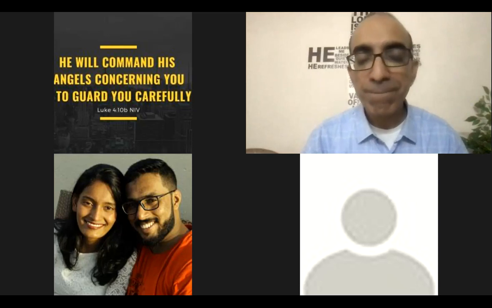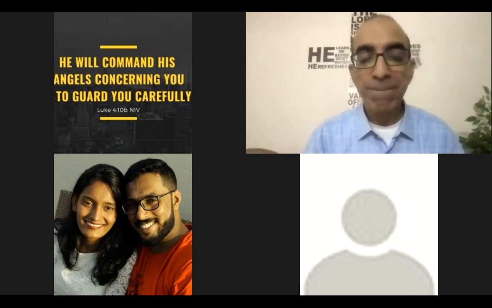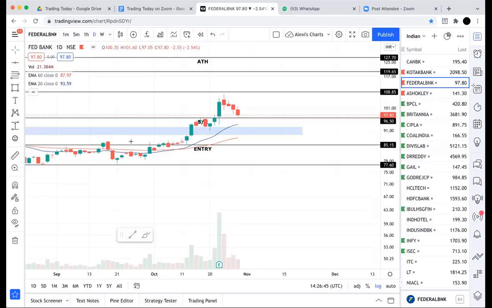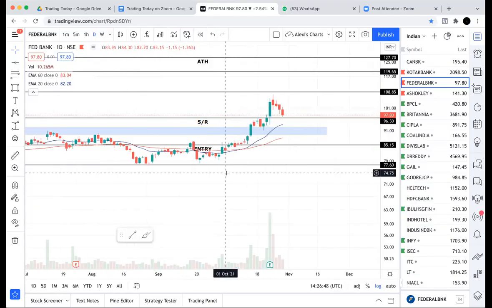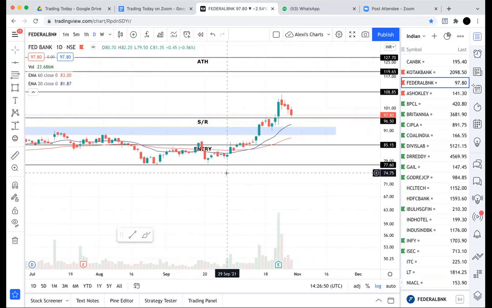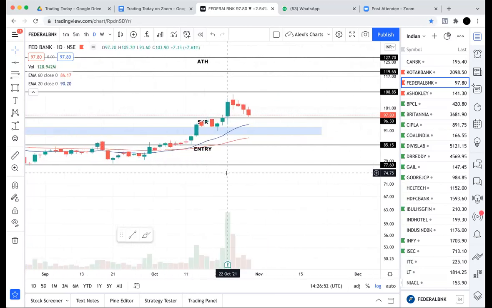And another question was, as you told, it might consolidate. So when do we make the purchase? When we see a movement or right before the movement? I was lucky enough to purchase right before the movement, when it was just consolidating and just before it shot up.